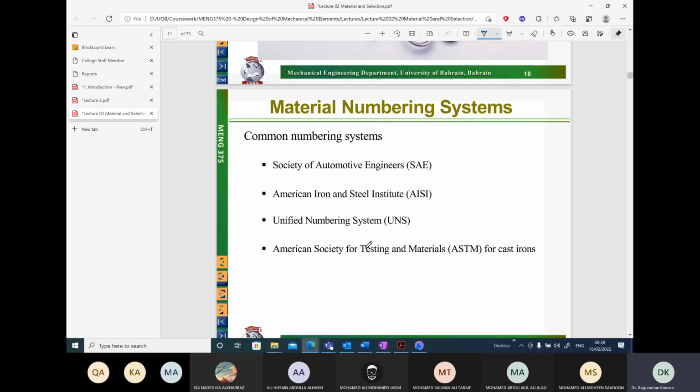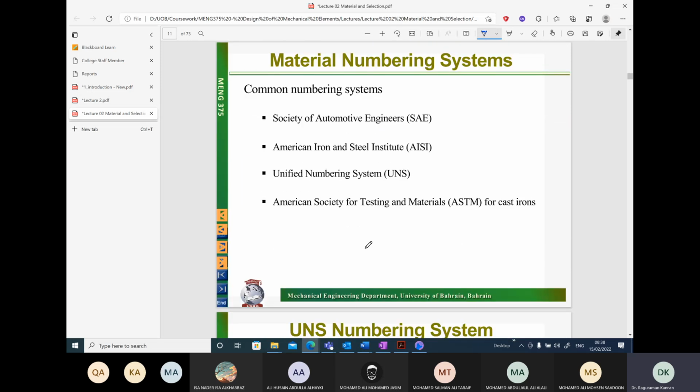So let's go forward and let us try to identify materials. How do we identify materials in engineering? Through standards. There are many institutes which publish material numbering systems or identification systems. These professional organizations give you a numbering system through which you can identify each material. The Society of Automotive Engineers, SAE, publishes its own standards.